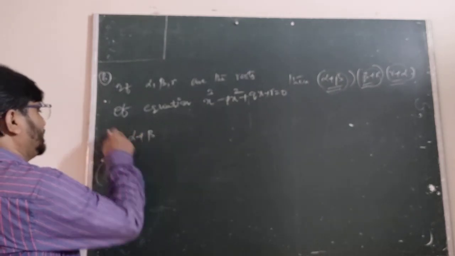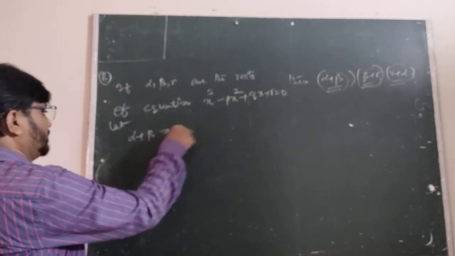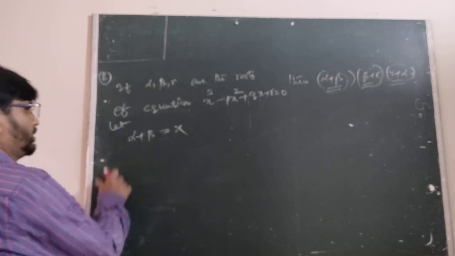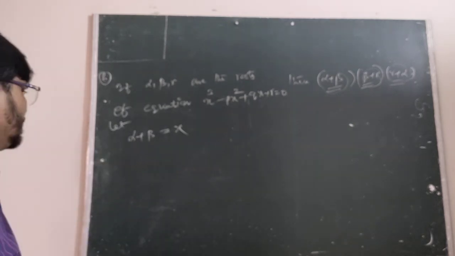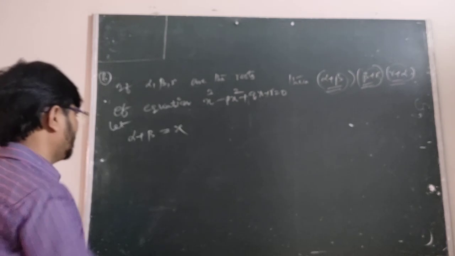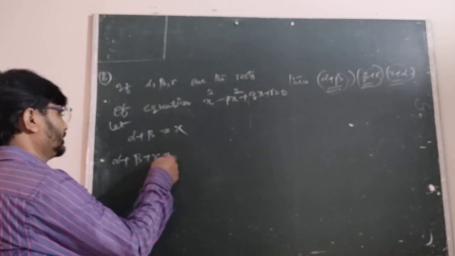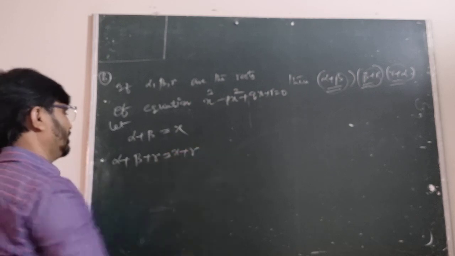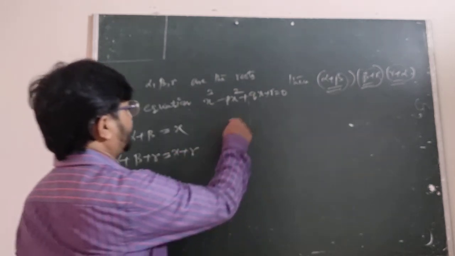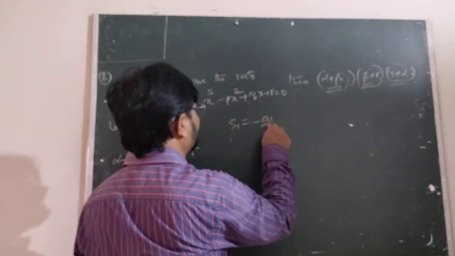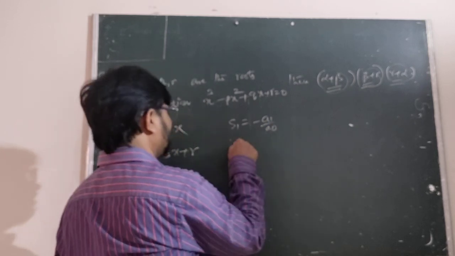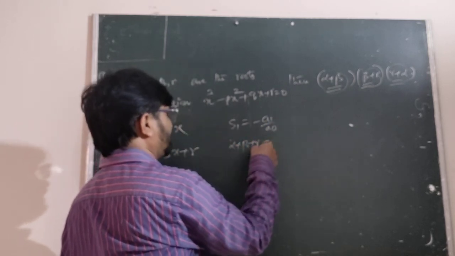Let alpha plus beta equal x. Now we add gamma on both sides: alpha plus beta plus gamma equals x plus gamma. We know that S1 is minus a1 by a0, and S1 means alpha plus beta plus gamma.